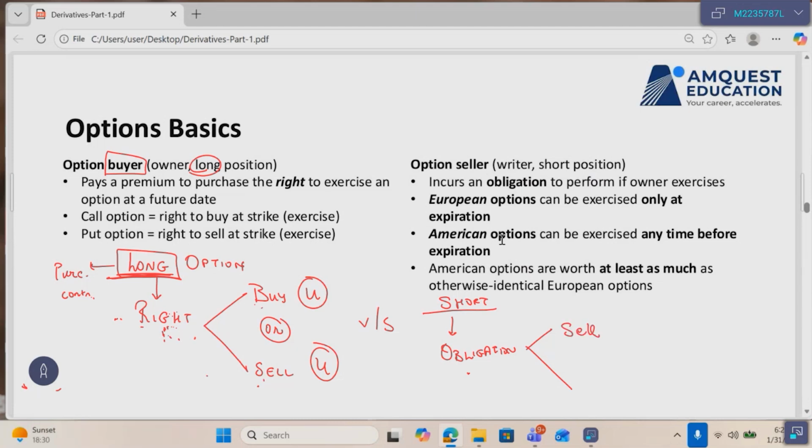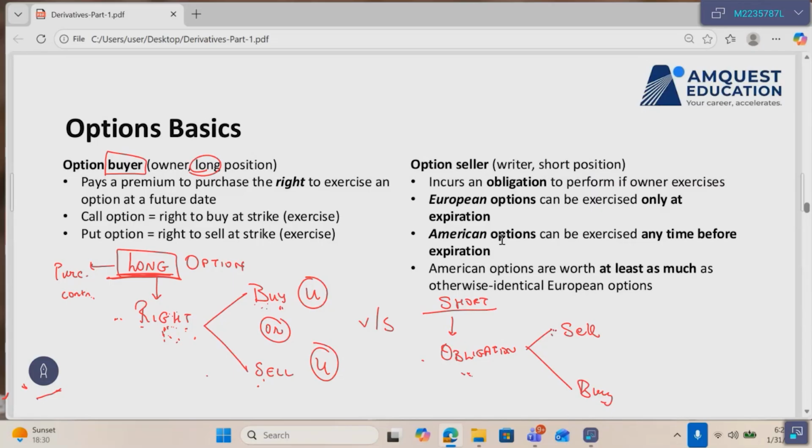If the long says, I want to sell, he has the obligation to buy. His right will be matched by the other's obligation. If the long decides not to buy, the short will say, fine, no problem, I'll not sell. But he is at the mercy of the long's choices. Why? Because he's short.